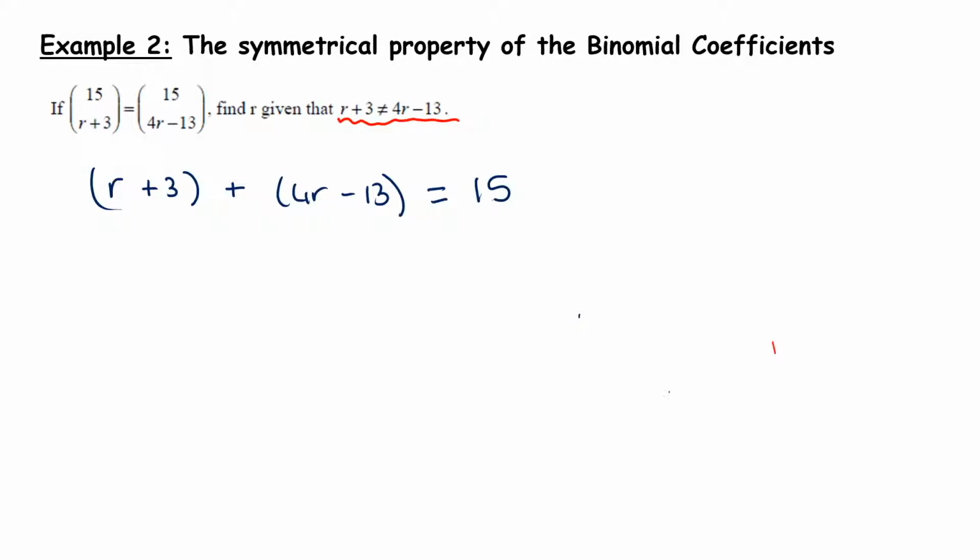So adding those together, I get 5r minus 10 equals 15. 5r is equal to 25. So r is equal to 5. So a super simple little question, but it really could have stumped you if you didn't have that idea in your head about how each of those terms relate to each other and the idea of the symmetrical property. So do bear that in mind.